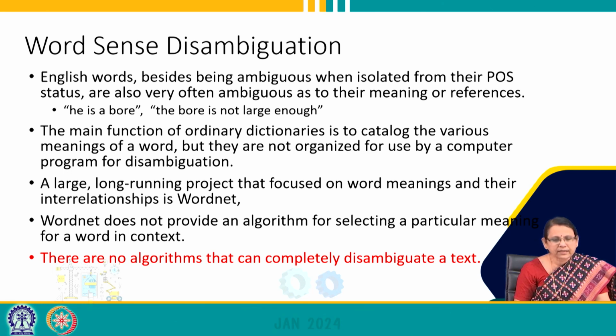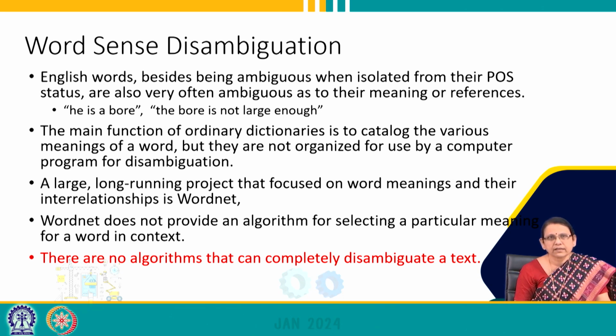There are many English words which can be ambiguous, and when you isolate them from their parts of speech status, they become meaningless without any reference. So, to handle such words, we take help of something called dictionaries.